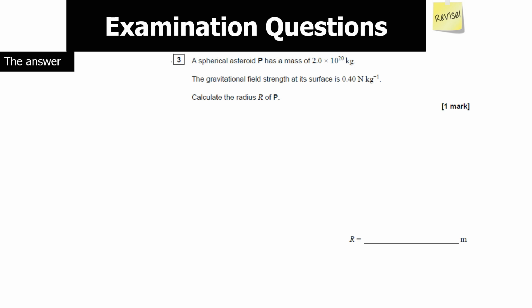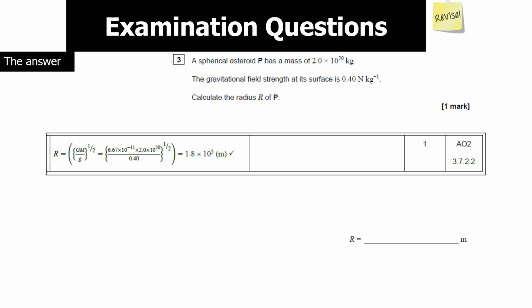Right, so how do you answer this particular question? Well, if you look at your equation sheet given for your examination, you are aware that you can work out the gravitational field strength little g by doing little g equals big G m over r squared. So we can rearrange this and make r the subject by saying r is equal to the square root of G m over g.